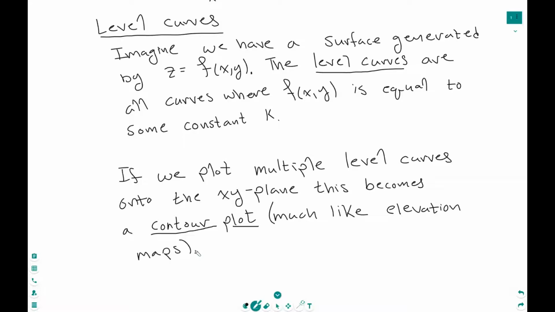It gives you an x and a y coordinate, and then it shows you certain places where you have these level curves, where the elevation is all constant, and you can follow it and say, oh, around these x and y coordinates is where the elevation is constant. And then you can read out the shape of the surface you're looking at. It's like looking down at the surface from above.